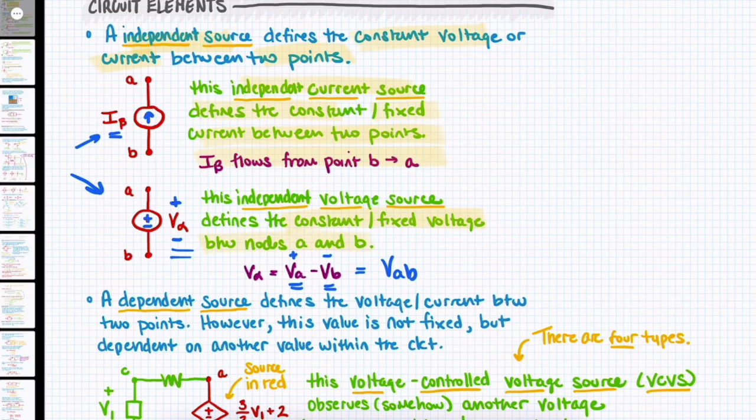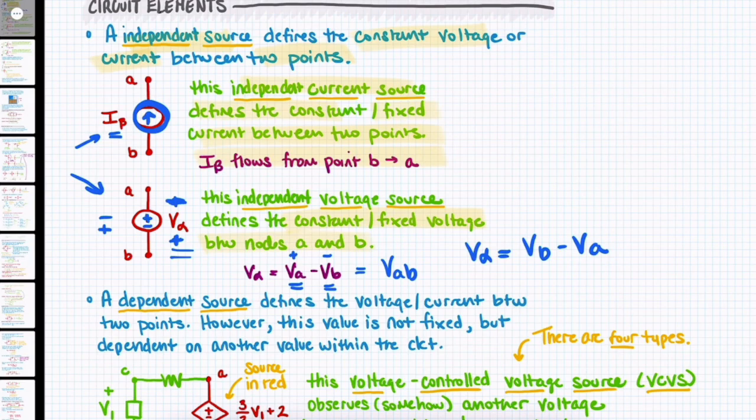Now, if we were to flip those polarities, then we would have a different equation. V alpha would be equal to VB minus VA. And that would assume that we flip them in both locations. Now, one main difference between the independent sources and the dependent sources is the shape. So for a dependent current source, which we'll talk about what that means in a second, you'll still have the arrow in the center.